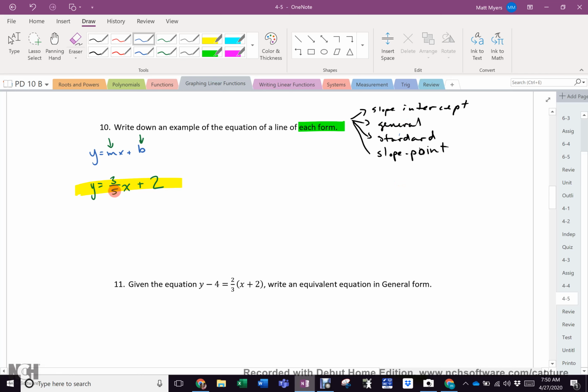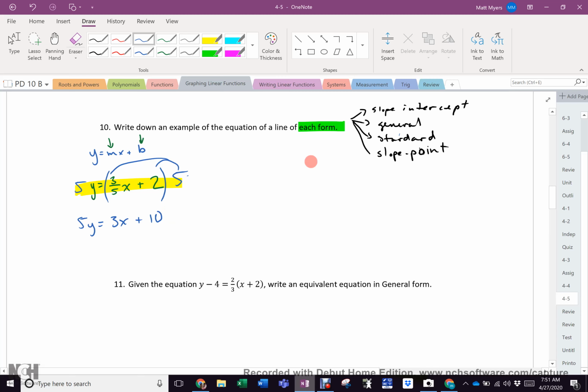How do I get rid of divided by 5? Well, I would multiply this side by 5. So 5 times 3/5, the 5's cancel. 3x plus 5 times 2 is 10. I just distributed. If I multiply the right side by 5, I got to multiply the left side by 5. So 5y equals that.